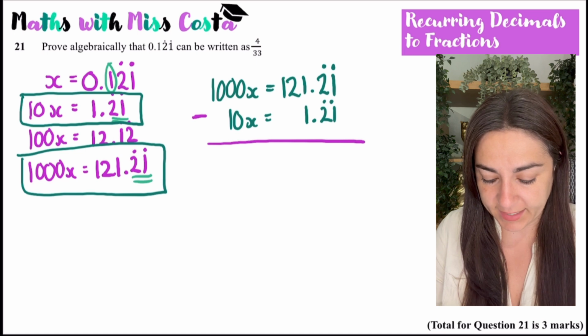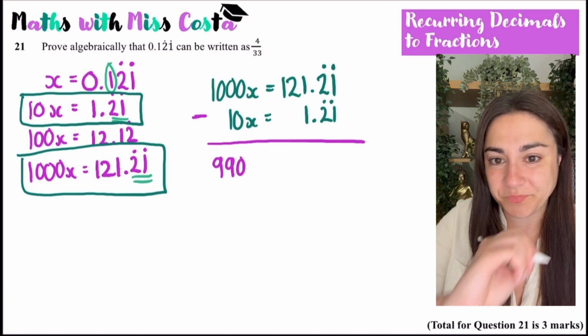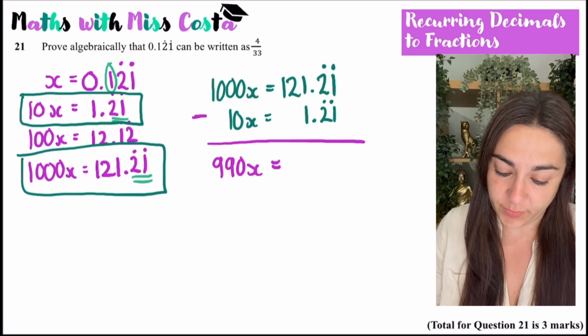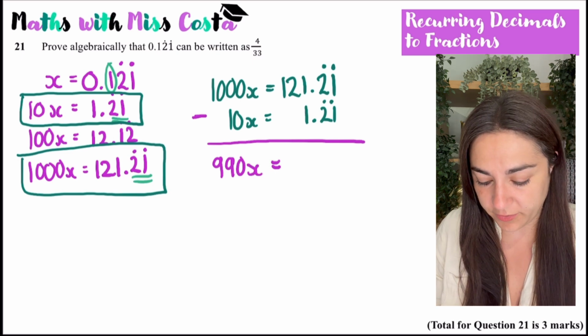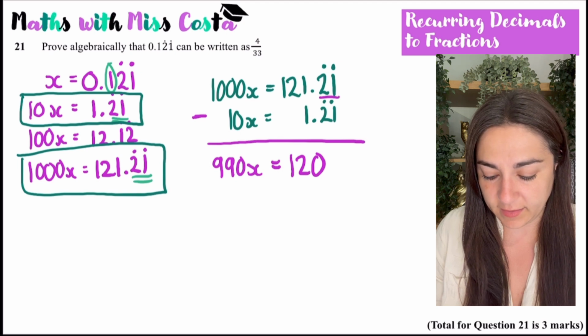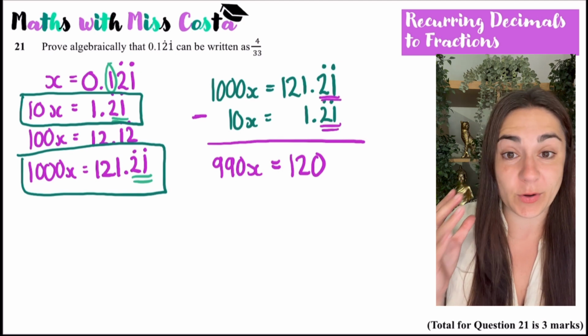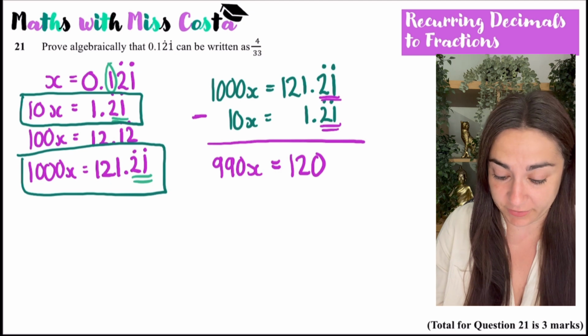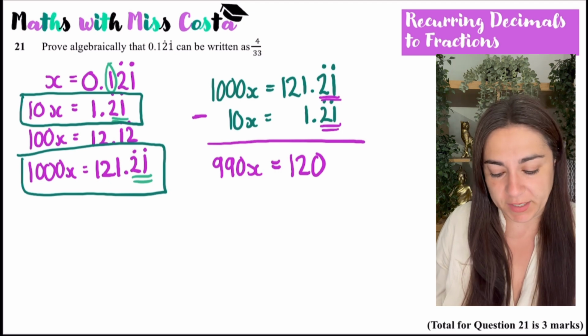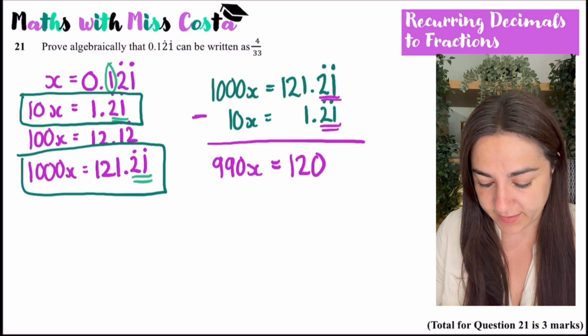So 1000x take away 10x is 990x. And 121 take away 1 is 120. So anything, as long as the thing after the decimal is equivalent, when you subtract it, it's going to become 0. That's why we get a nice clean number and we can turn it into a fraction. So I know that 990x is 120.